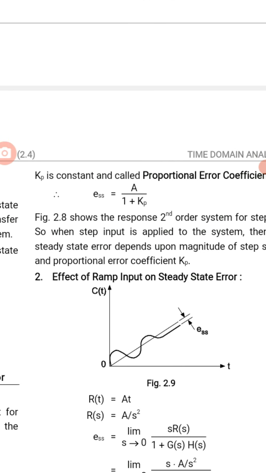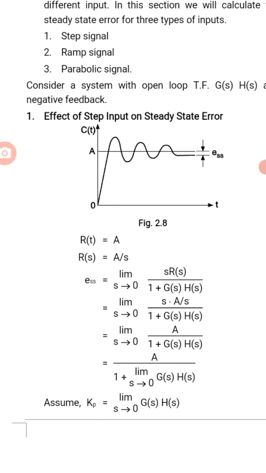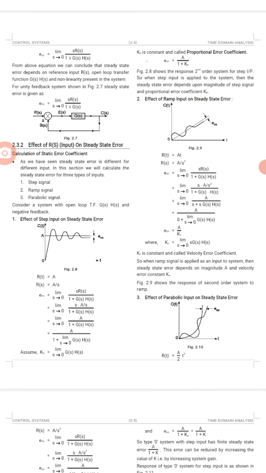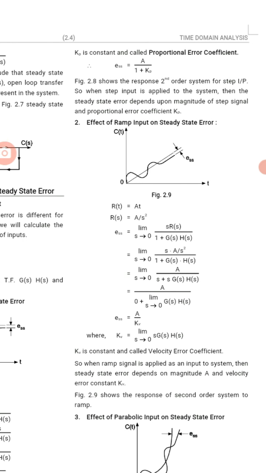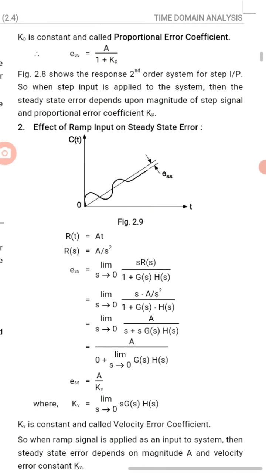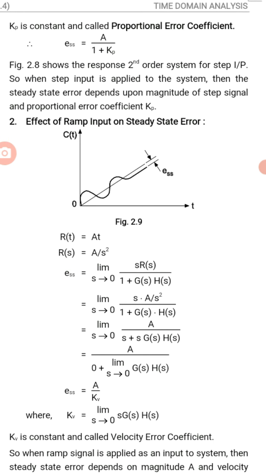ESS is equal to A upon 1 plus Kp. Figure 2.8 shows the response of a second order system for step input. When a step input is applied, the steady state error depends upon the magnitude of the step signal and the positional error coefficient Kp.